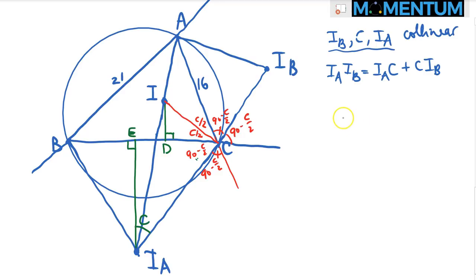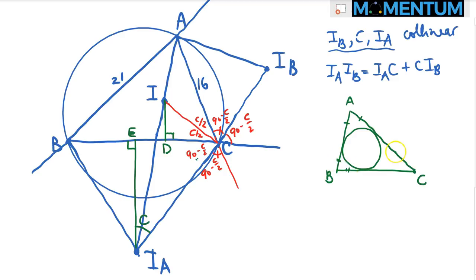Let me go ahead and remind you of another fact which is very well known and you guys would remember it. So if you have the incircle of a triangle, let's say triangle ABC, I hope I'm not confusing people here. Do you guys remember that these distances are equal because of equal tangents?